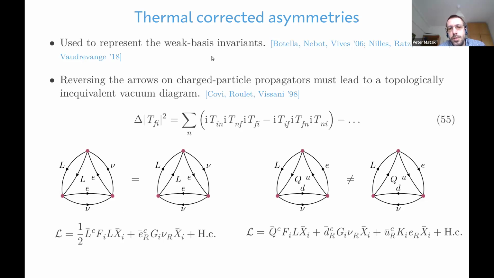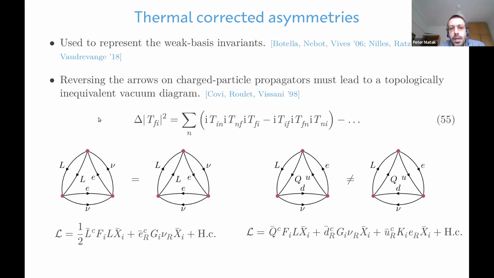So the combinations of couplings in which you may have complex phases and you cannot get rid of them by redefinitions of fields. There is a nice property found by Kovirov and Vissani that when you have such a cyclic or vacuum diagram, it has irreducible complex phase when it is not invariant under reversal of arrows.